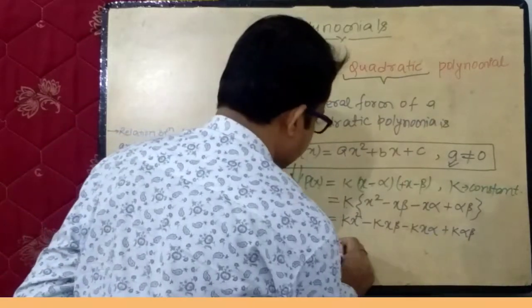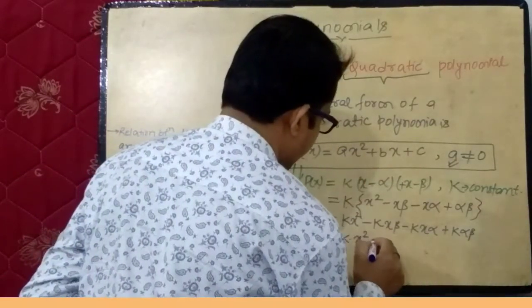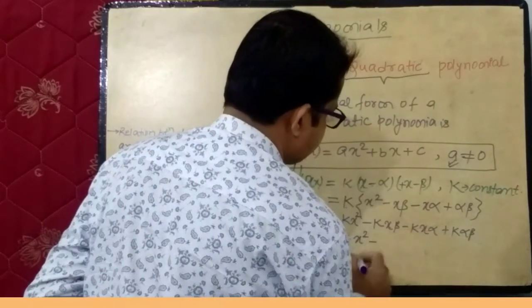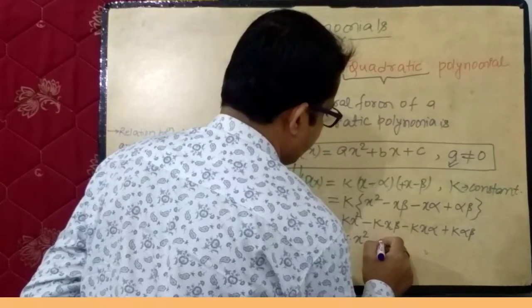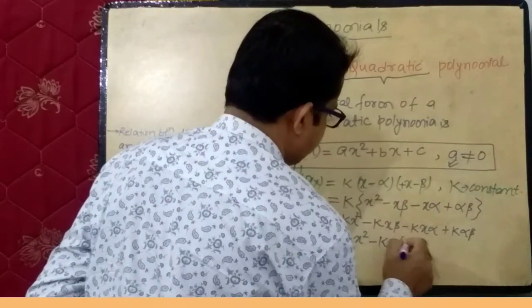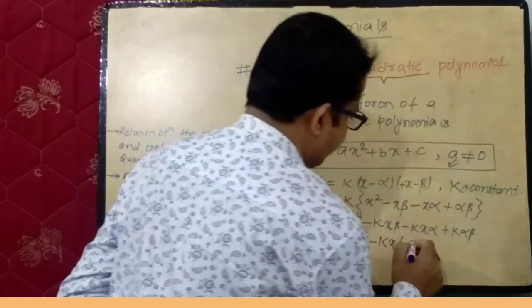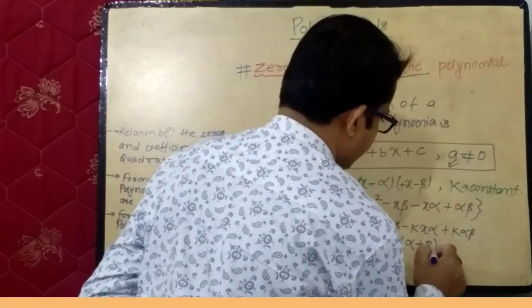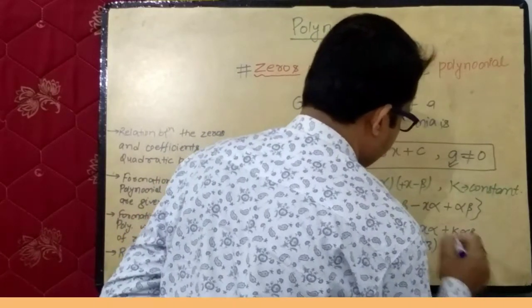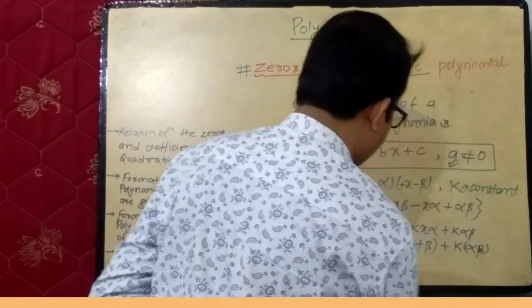That is kx square minus, take x as common, then what will you get? And also k is common, kx bracket alpha plus beta, add up k into alpha into beta.